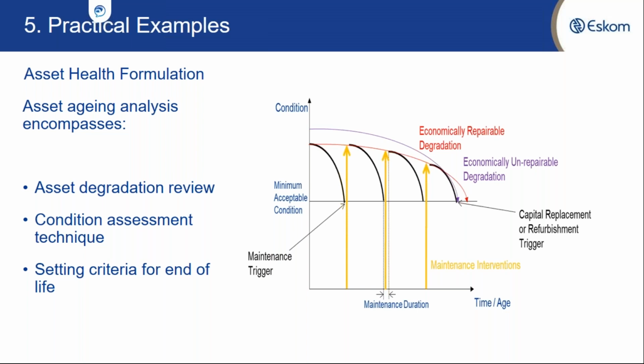We look at the condition assessment techniques that are applicable, and also we set the criteria for end of life, meaning we take an asset, we look at how this asset ages over time, we look at the testing techniques or inspection techniques that can tell us how far we are in terms of the asset degradation, and then eventually we put together what we call the end of life based on the results that we'll be getting as we are doing inspections and tests. We can say there is so much life left in this asset.